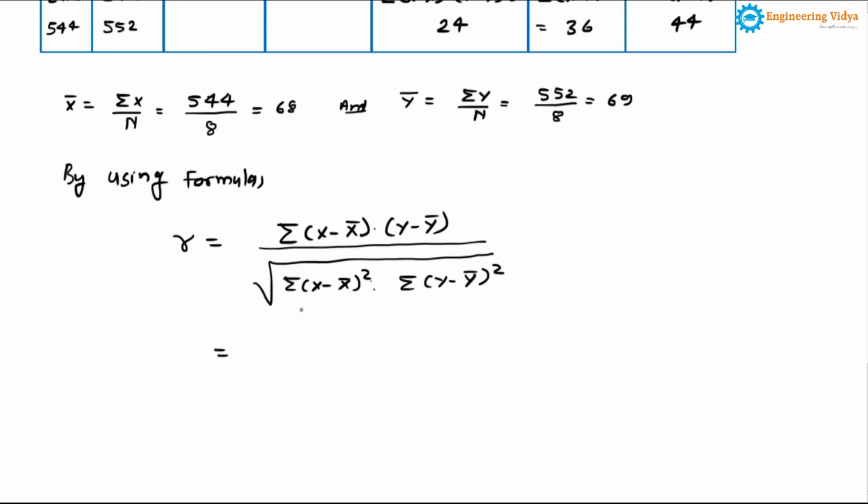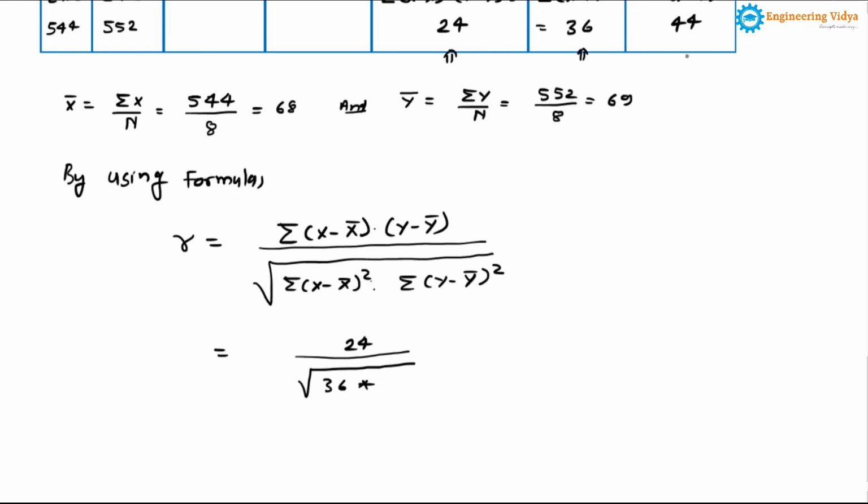Since the summation of x minus x bar into y minus y bar has been calculated, and this is nothing but this value, right? And here we have obtained 24, so we're going to put 24 here. Then inside the square root, the summation of x minus x bar square we have calculated over here, and it's nothing but 36.